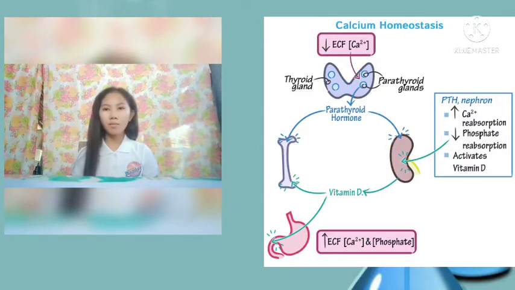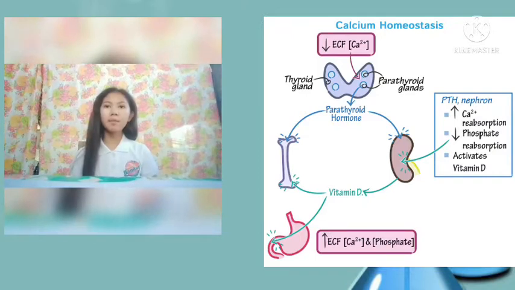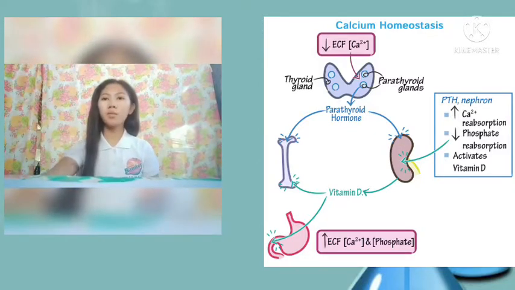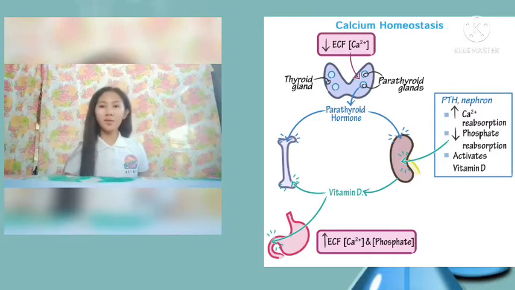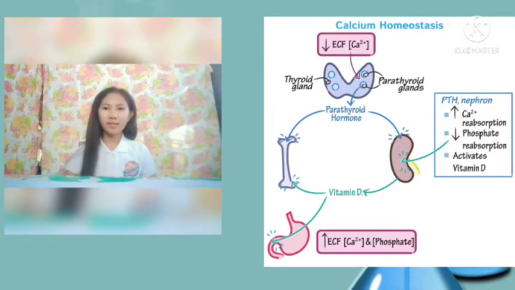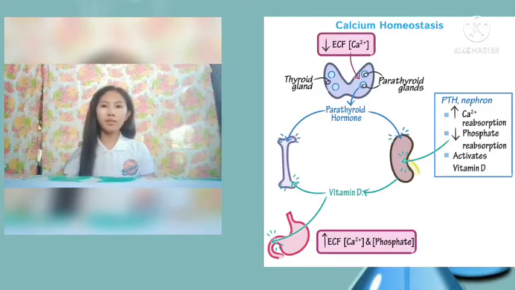Sinasabi dito na ang pangunahing hormone na responsable para sa normal na calcium homeostasis ay ang parathyroid hormone at ang 1,25-dihydroxyvitamin D. Ang mga ito ay kinokontrol ng mga hormone ang extracellular fluid calcium sa isang talamak na batayan.